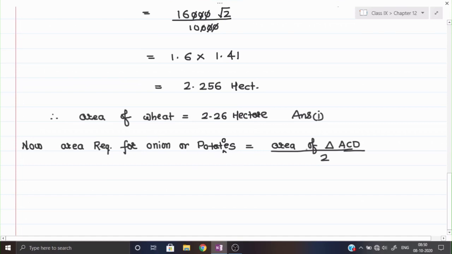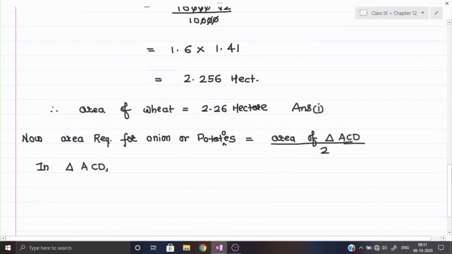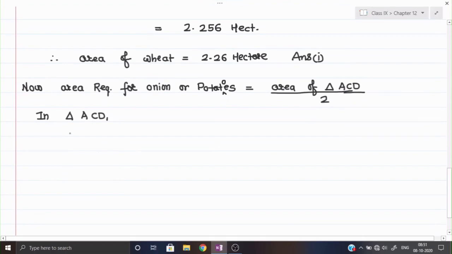So first we shall find out the area of triangle ACD here. So we will write down in triangle ACD, first what are the given sides? Sides are given here as A is equal to 240 meter, B is equal to 320 meter, and C is equal to 400 meter, right?